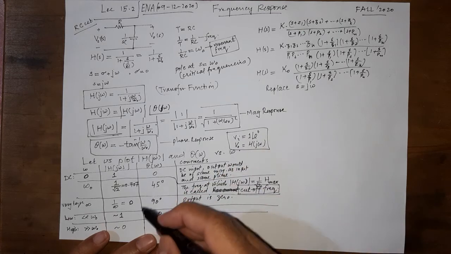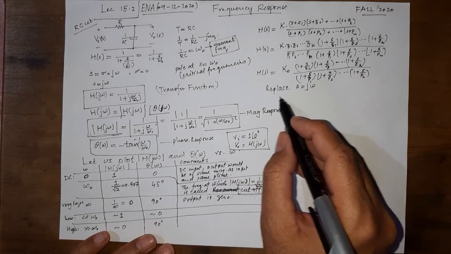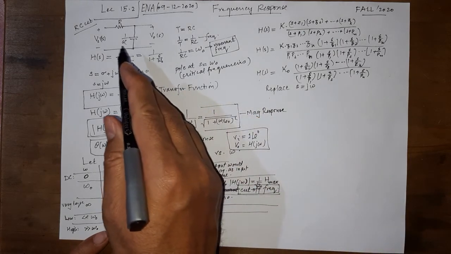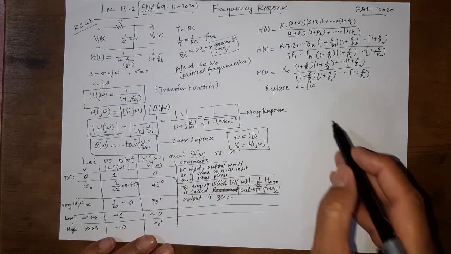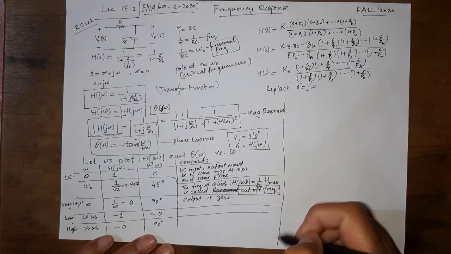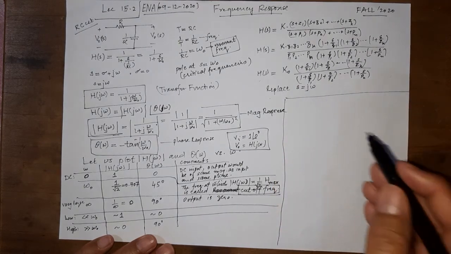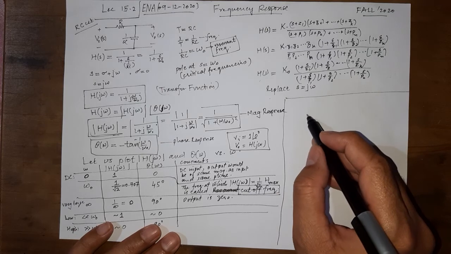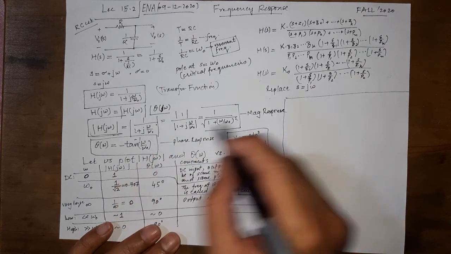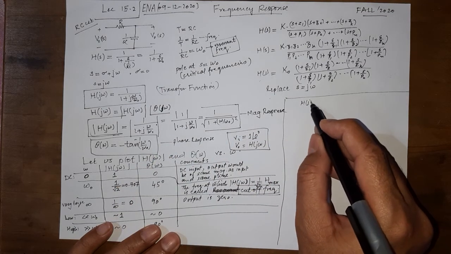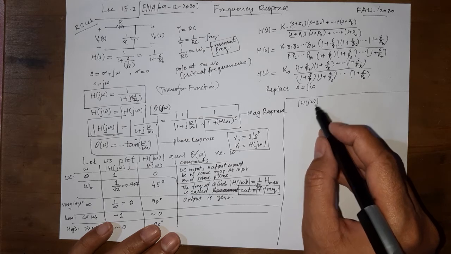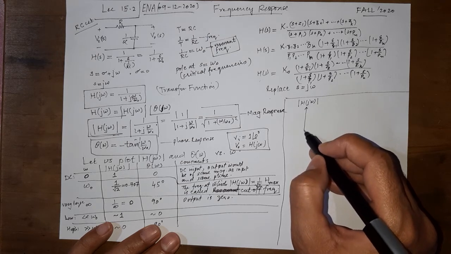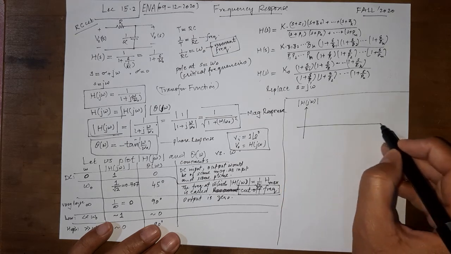How would this idealized behavior look? This is a practical circuit with a practical R and C, but what would this behavior be in the ideal world? We are trying to say that if we plot this, the H of j omega magnitude is a number, a dimensionless thing, if we are dealing with two voltages or two currents.